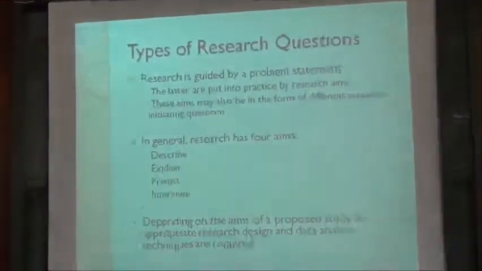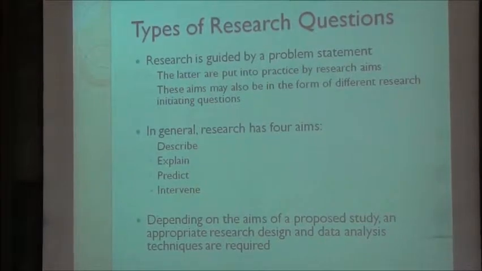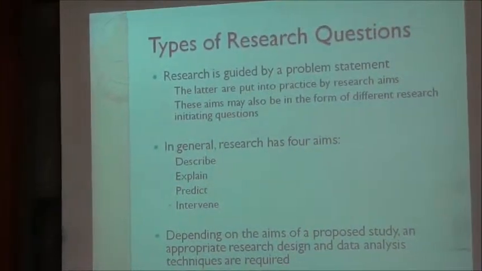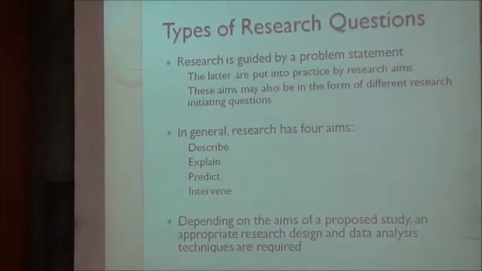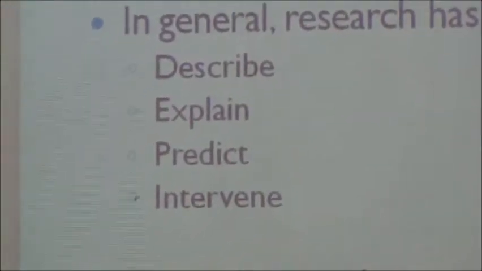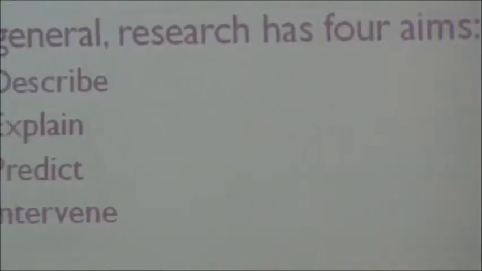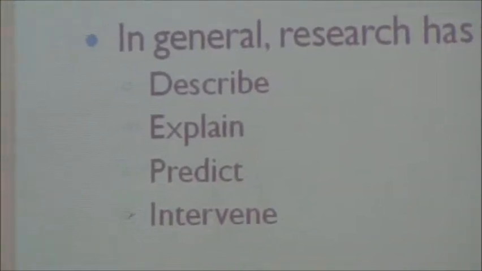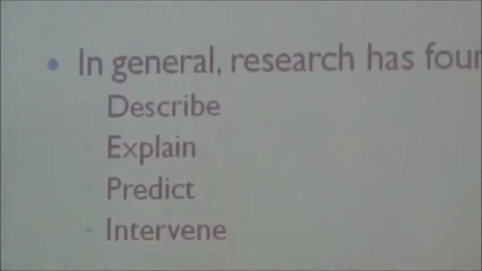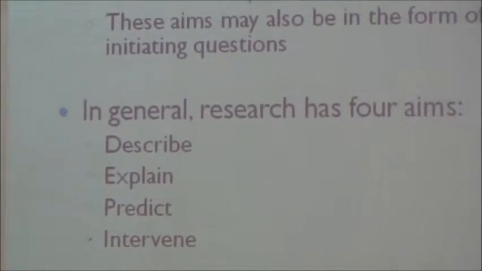In general, when we think about research questions, I like to put it in terms of the 4 aims of research. Most research tries to describe something, or it tries to explain something. Research can also try and predict something. And research may also have the aim of intervention.